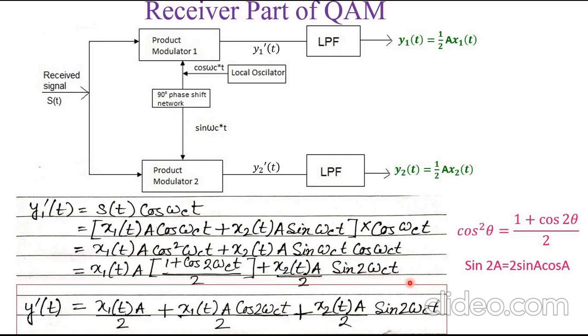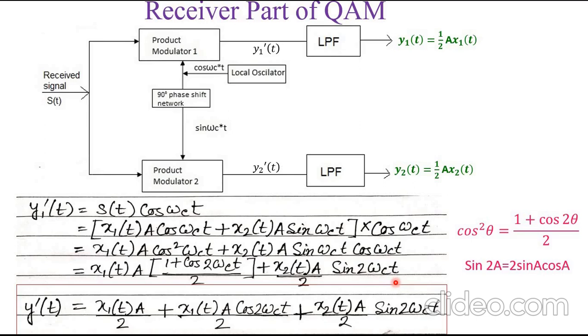So the equation is now x1(t) into A into (1 plus cos 2ωct) by 2, plus x2(t) into A by 2 into sin 2ωct.